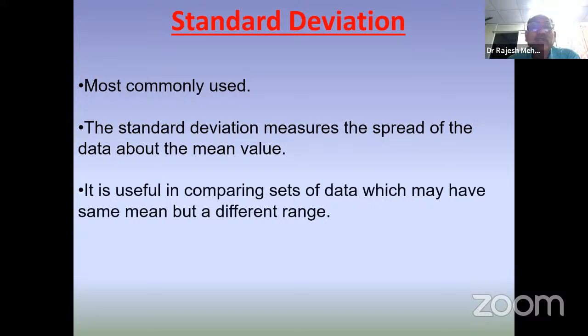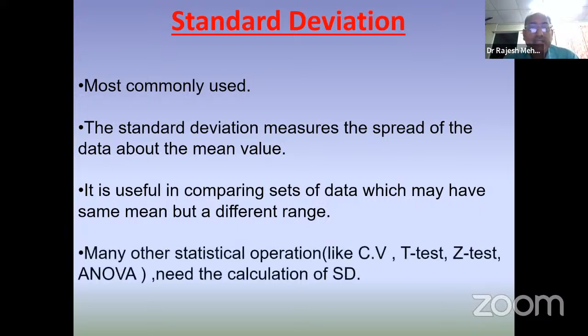And if you want to compare, let's say, two populations, Karnataka and Gujarat, their height or their calorie intake, then mean alone is not sufficient. So we compare mean and standard deviation both. And in many other statistical operations, let's say t-test or z-test, most of the time you would require standard deviation.